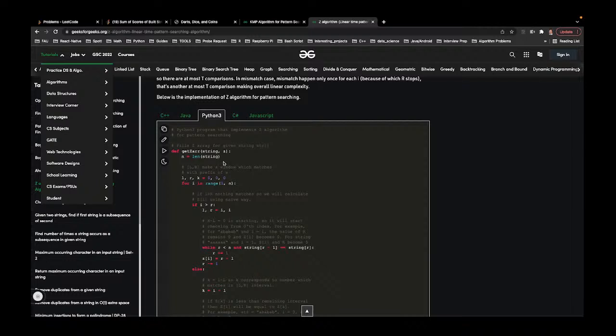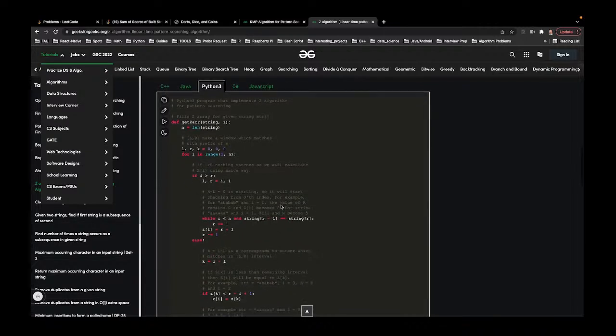So we have n equal to the length, and we make a window which matches with a prefix of s. For I in range, if I is larger than R, nothing matches, so we calculate Zi using the naive way.